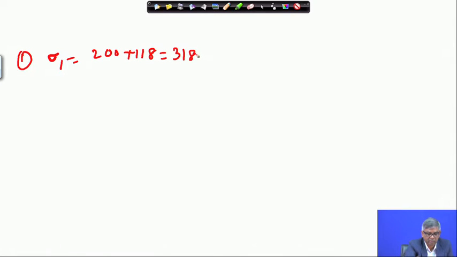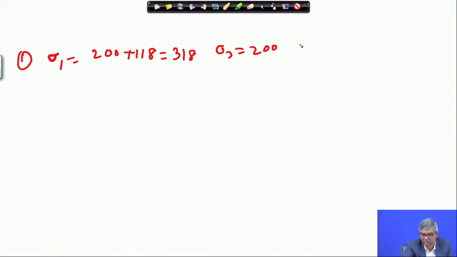So, this is actually, you can see, for test 1, sigma 1 is 200 plus 118, that will be equal to 318, and sigma 3 is equal to 200.